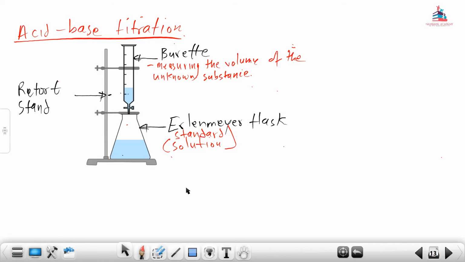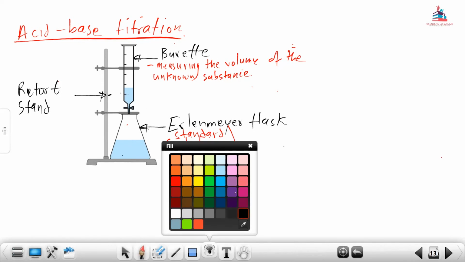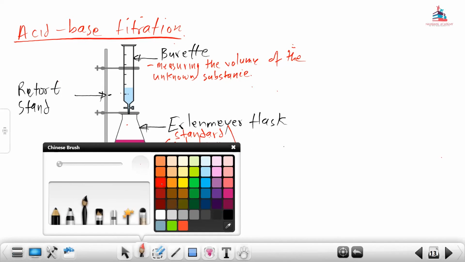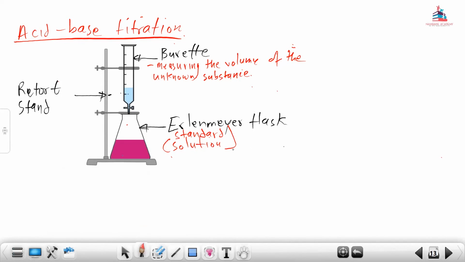So what do I need? I need something that will assist me in terms of the color changes. So once I have added enough, from here maybe to here, that is now my volume.